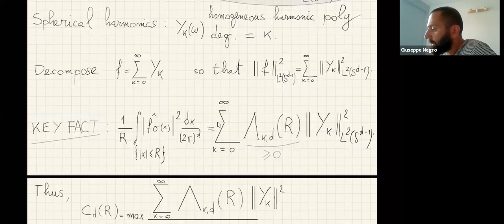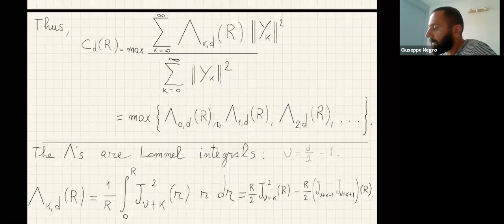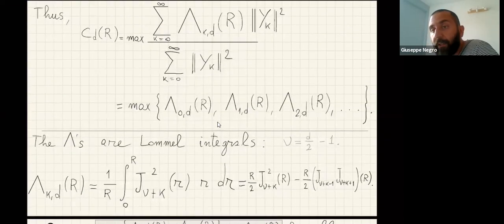And so now the computation of the best constant is routine. This is a very easy fact. You want to maximize an expression such as this one under this ratio.